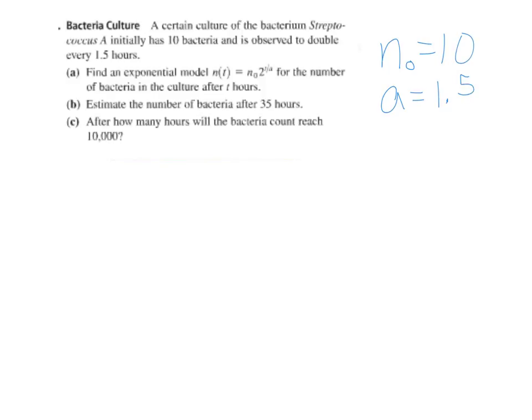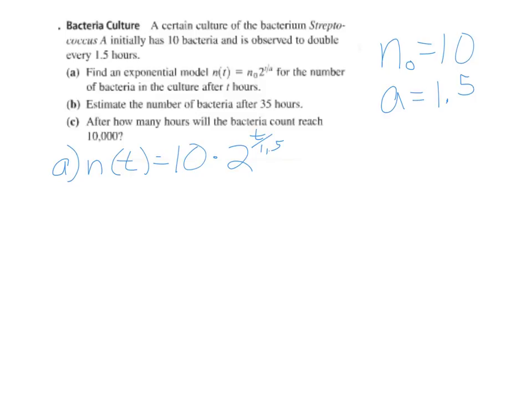Part A just wants a model for any t hours. We don't know how long, we just want a basic formula. So n of t equals, fill a 10 in for n naught, times 2 to the power of t over 1.5. So that's the basic formula.